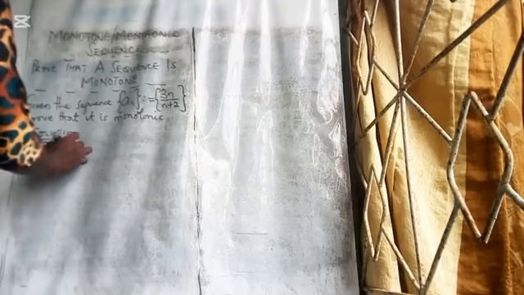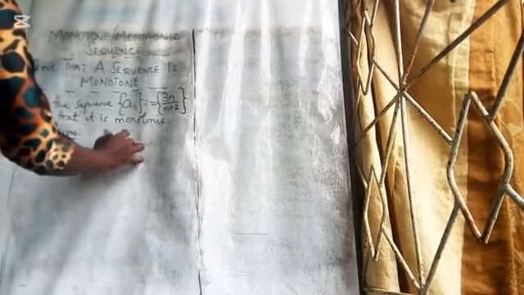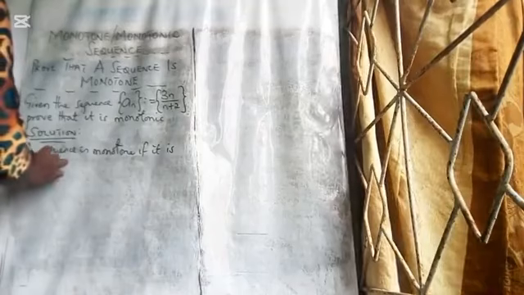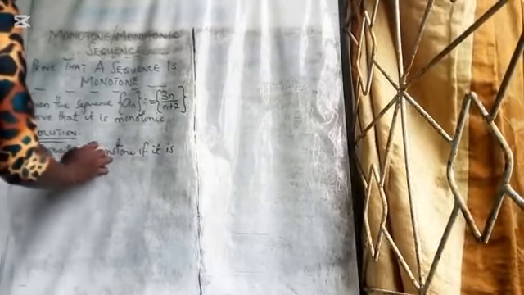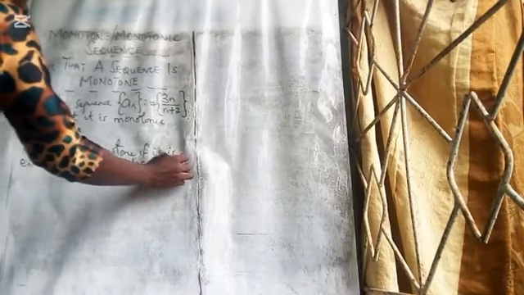We want to prove that it is monotonic. The first thing is to recall the definition for monotonic sequence. A sequence is monotone if it is either increasing or decreasing.